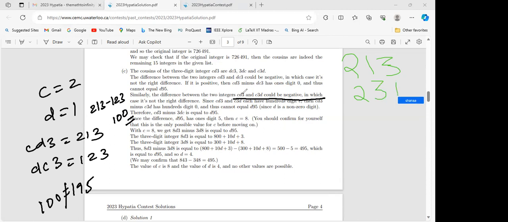Because 231 is bigger, and also it won't be a 3-digit number.